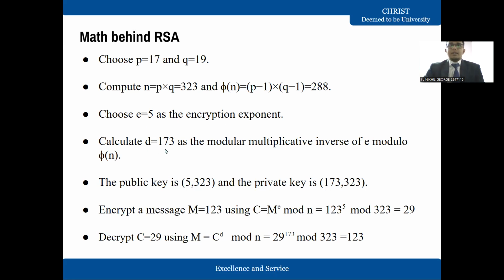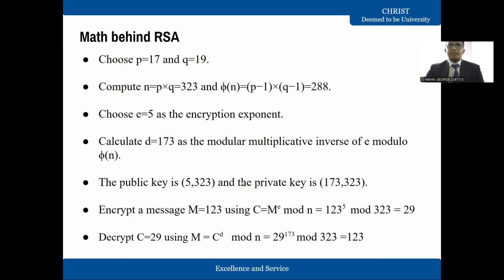Now, you calculate the modular multiplicative inverse of E modulo the Totient function. Then the public key will be your 5, as I told you, and then the n value.